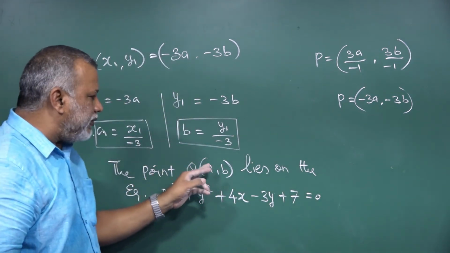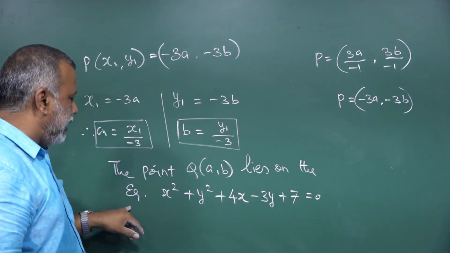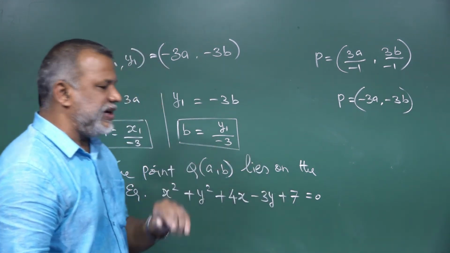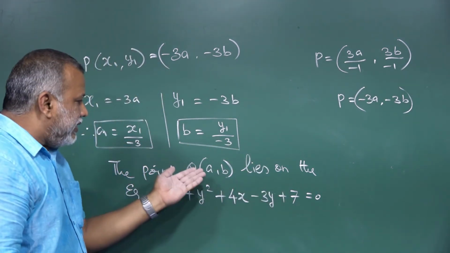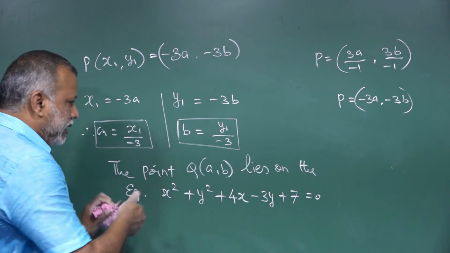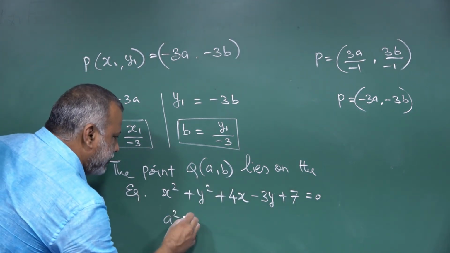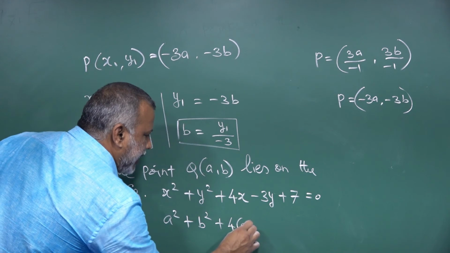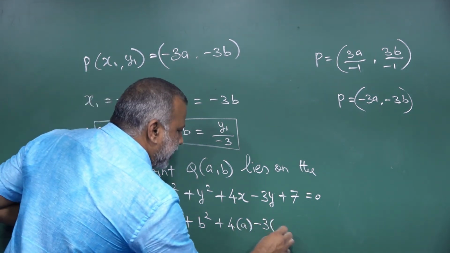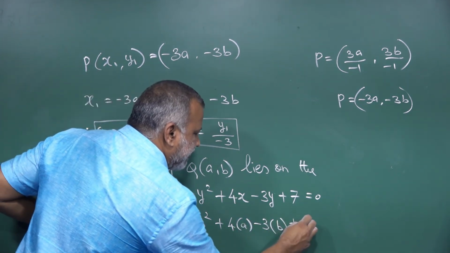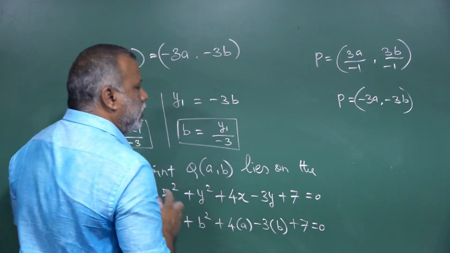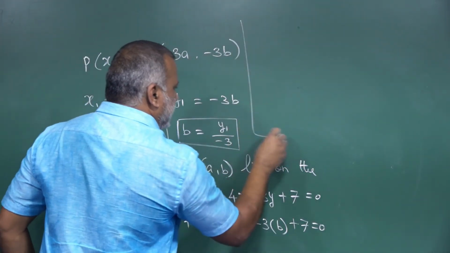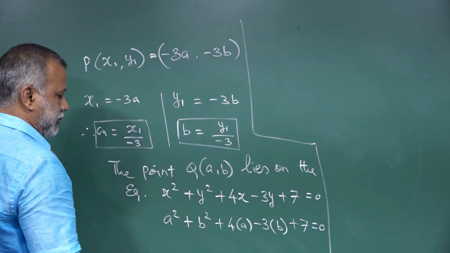Therefore, we can substitute a comma b here. This equation becomes a squared plus b squared plus 4 times a minus 3 times b plus 7 equal to 0. Now, we have to substitute the value of a comma b here.